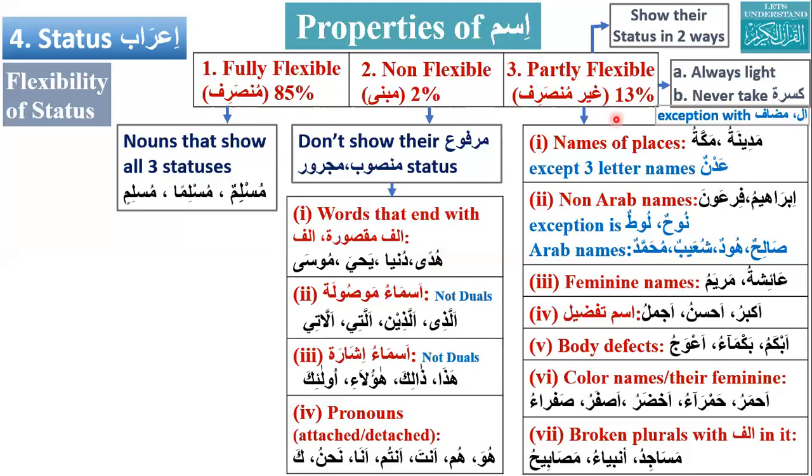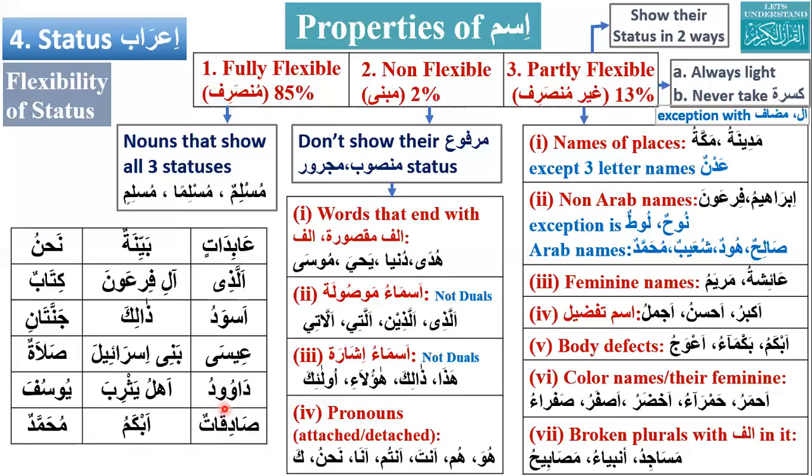And then there are partly flexible. These are about 30%. They are always light. They do not take kasra. The names of places, non-Arabic names, feminine names, ismat tafdeel, body defects, colors and their feminines, and broken plurals that have alif in them. So these are partly flexible nouns.